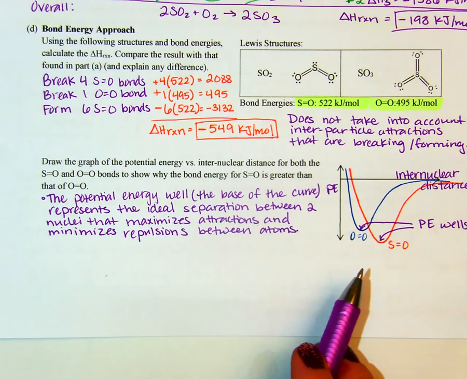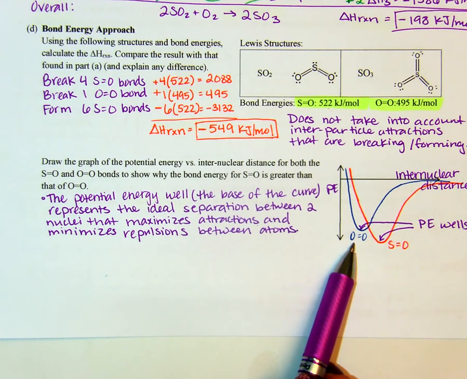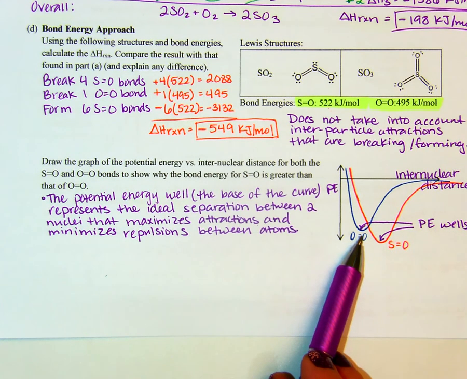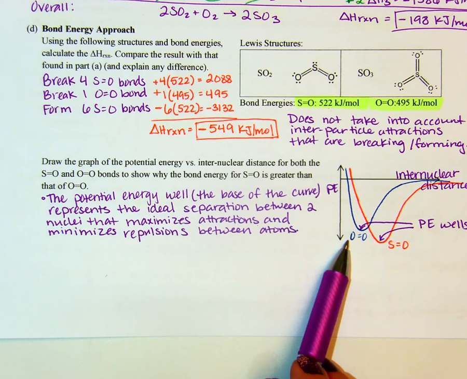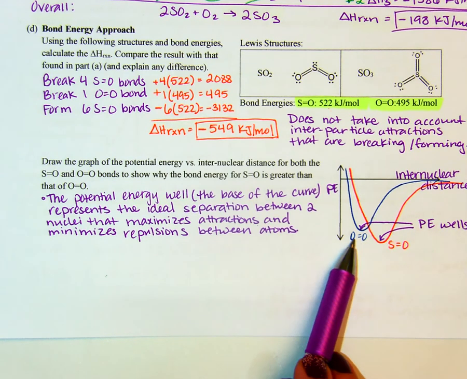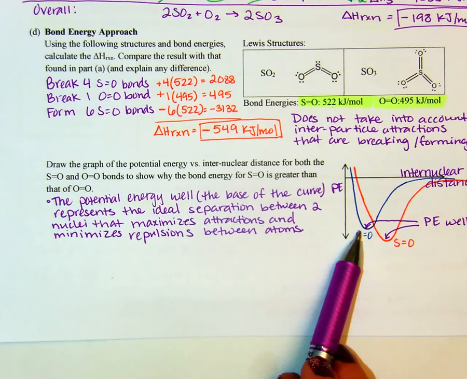Okay, so then why does oxygen have a shorter bond length than sulfur-oxygen? Well, that's because it has a shorter internuclear distance because they're smaller atoms. So the oxygens are smaller than the sulfurs, so they can get closer together. So oxygen also has a higher well, so it ends a little higher up.